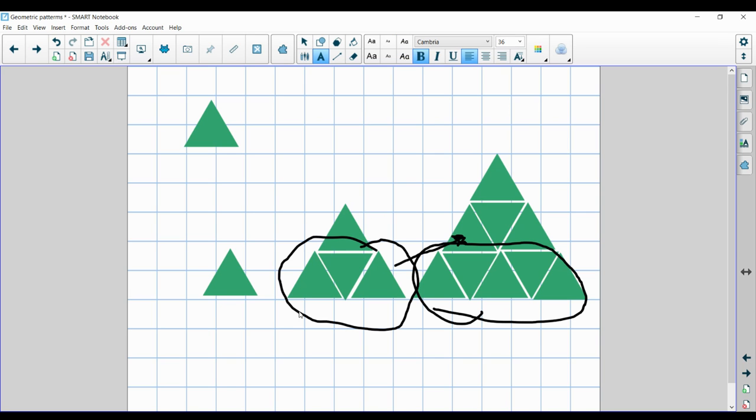Okay. So I went from 1 to 3 to 5. Okay. On the bottom. Total tower blocks in this tower are 4.